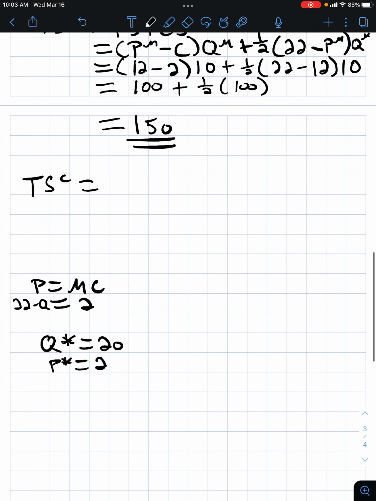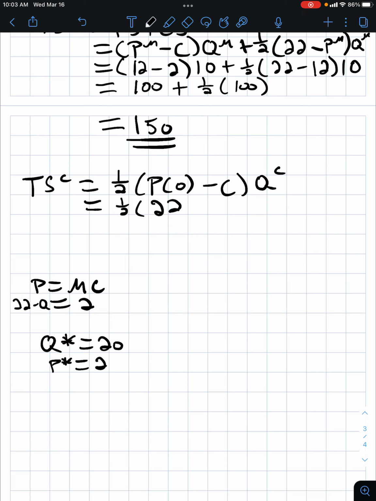So the total surplus in a competitive setting is equal to 1/2 times the price at 0 minus marginal cost, times the quantity in a competitive setting. If we plug in the values, we get 1/2 times P of 0, or 22, minus marginal cost of 2, times the quantity in a competitive setting, which is 20.